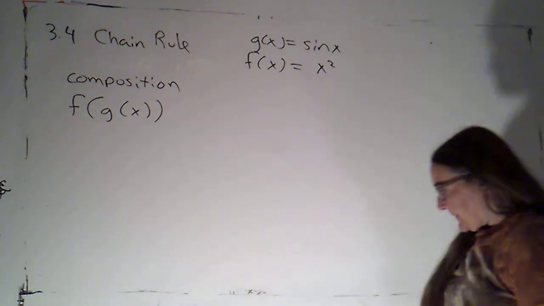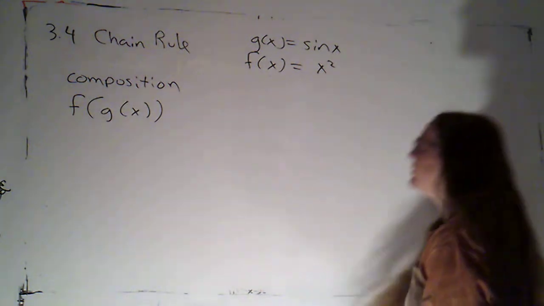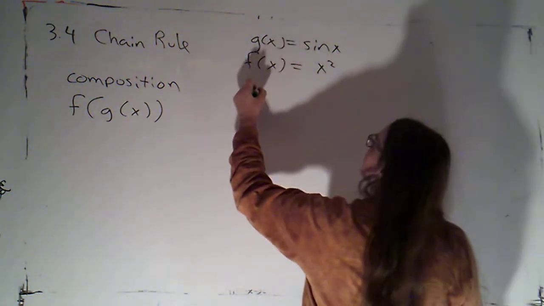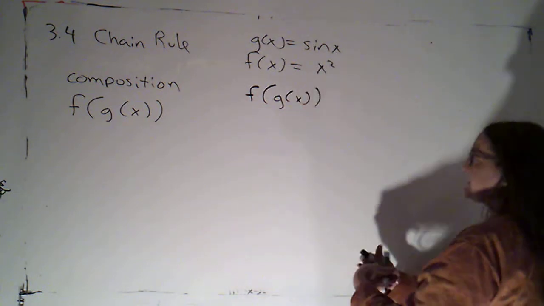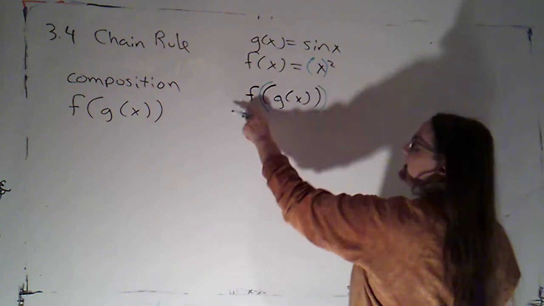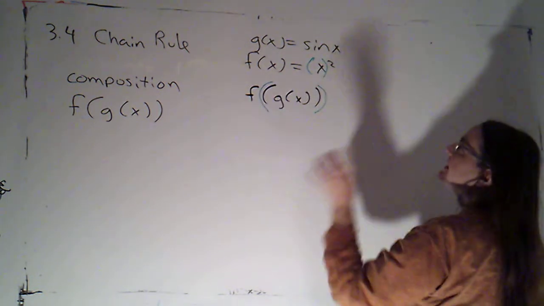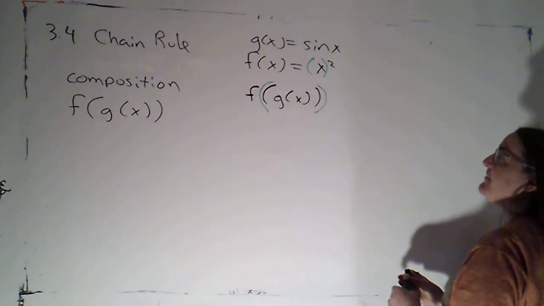Now here it's really important that I recognize that x is just a placeholder for my input. So that when I look at f of g of x, I can see that what's inside the parentheses after the name f is g of x.